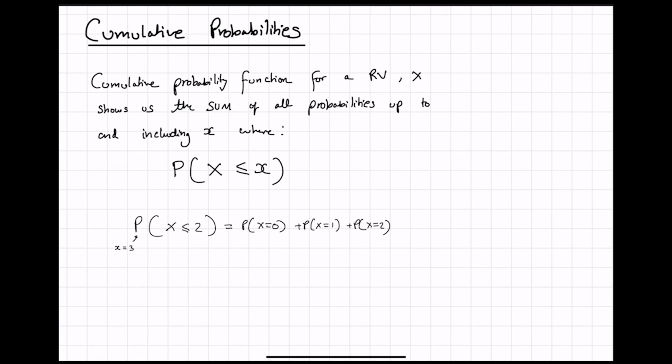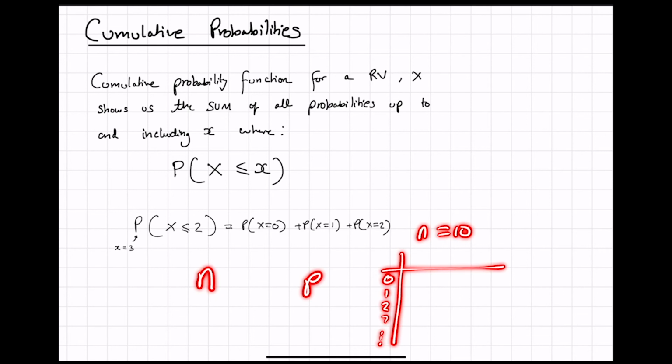Basically, once you've gone to the back, you need to find the table which corresponds to your value of n and the value of p that you want. If this is a table for n equals 10, you might have 0, 1, 2, 3 all the way down, and then the probabilities like 0.1, 0.2, 0.3.